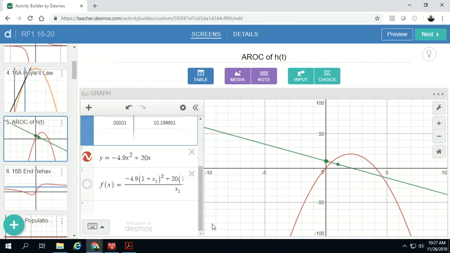It says, what is the domain of the average rate of change? So this green function, what's happening from 0 as you go forward? It goes from whatever that value is, 20 or something like that. And it keeps on decreasing to negative infinity, right?